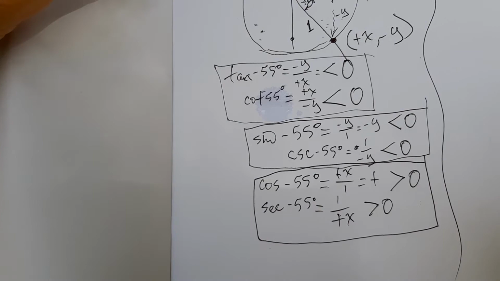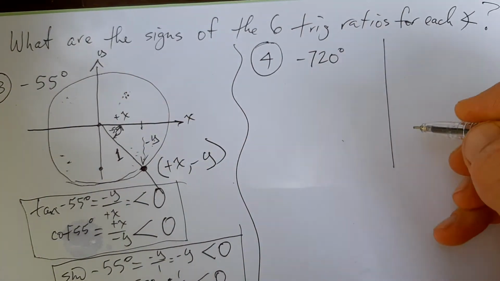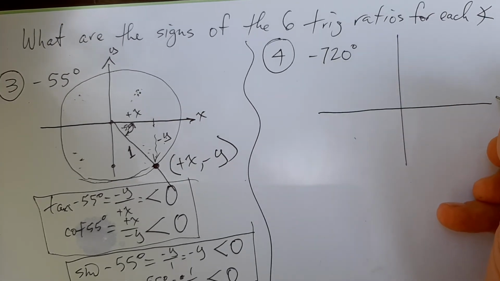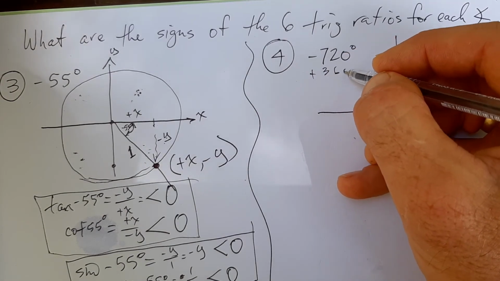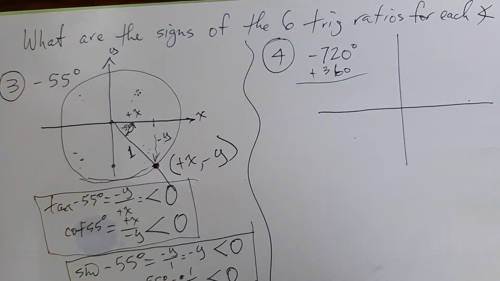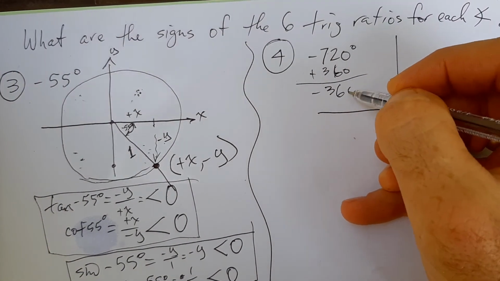Okay. Here's another special case. Negative 720. What the heck? Since it's negative, you could add 360 to it, and maybe you recognize this number as double 360. So you wind up at negative 360, and that's the same as 0.